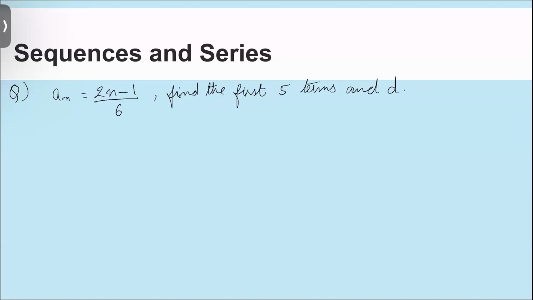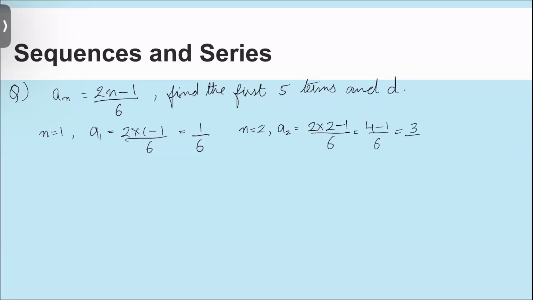So when you have n is equal to 1, your first term becomes 2 into 1 minus 1 by 6. So that is 1 by 6. Okay, let's take n is equal to 2. So your a2 becomes 2 into 2 minus 1 by 6. So you have 4 minus 1 by 6, 3 by 6, 1 by 2. Okay.